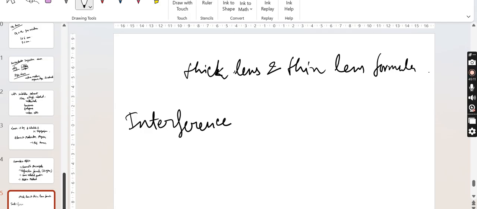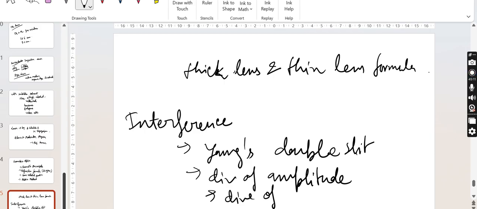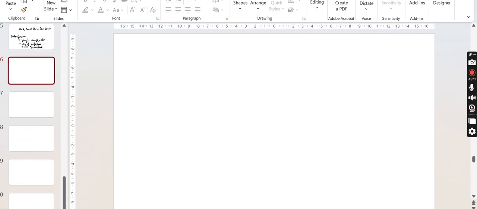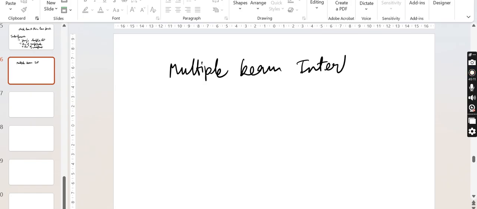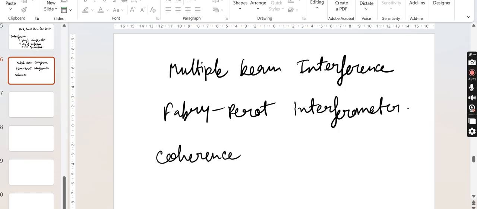We have gone through interference. In interference, we have seen Young's double slit, division of amplitude, division of wavefront, multiple beam interference, Fabry-Perot interferometer. We also discussed the theory of coherence.